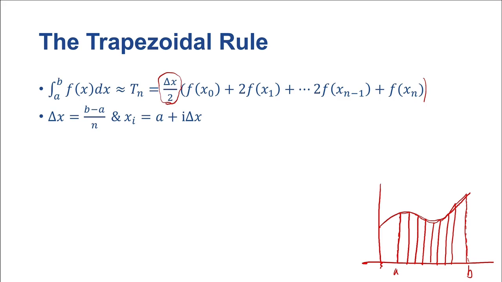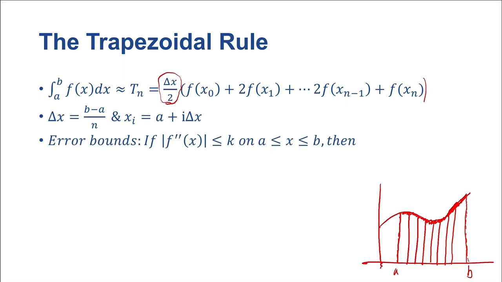Okay, and now we also want to determine an error bound, because we could have error in here as well. This is going to seem kind of arbitrary, but I'm going to forgo the derivation of this because it's quite confusing. But we say that the error bound is: if the absolute value of f double prime of x is less than or equal to some value k on our interval, then the absolute value of the error of the trapezoidal sum is less than or equal to k times (b minus a) cubed over 12n squared.